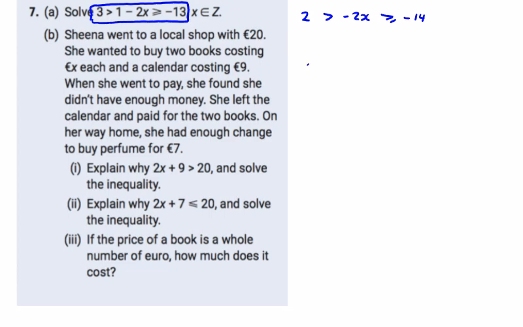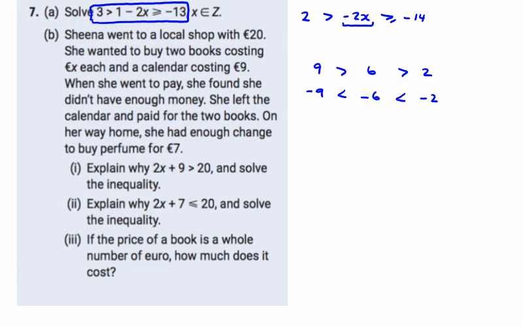If we say 9 is greater than 6 is greater than 2, if we multiply by minus 1, we'd have minus 9, minus 6, and minus 2. And you can see minus 9 is less than minus 6, and minus 6 is less than minus 2. So the same rule applies here.